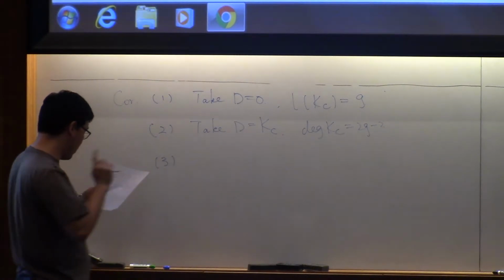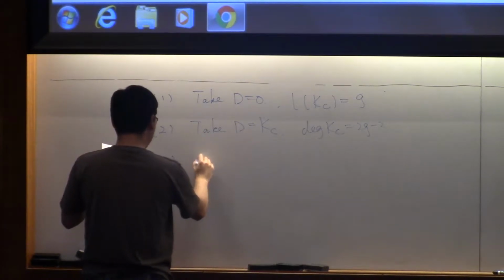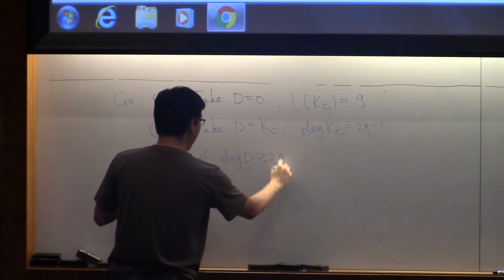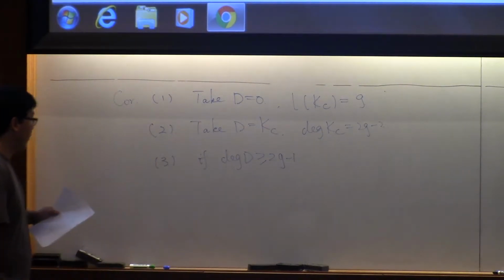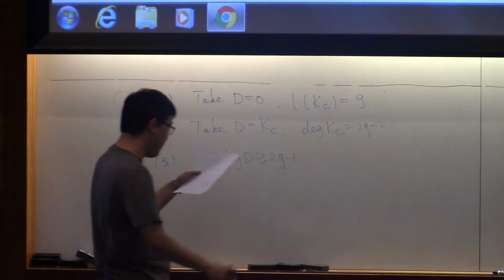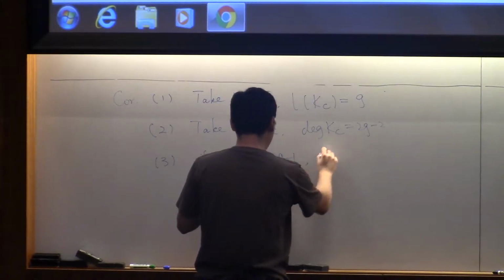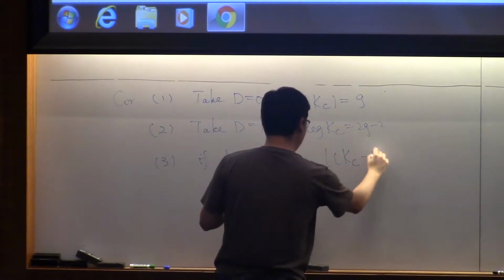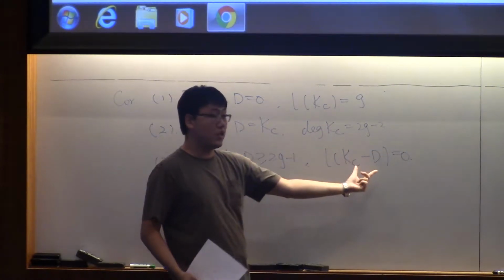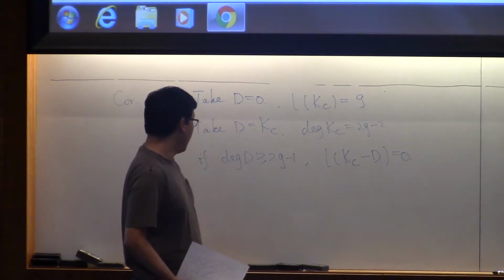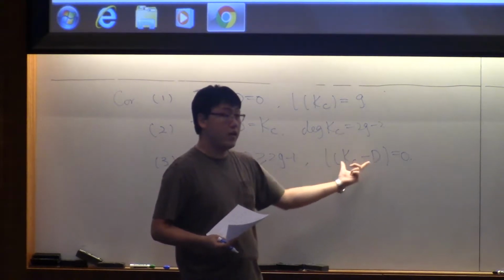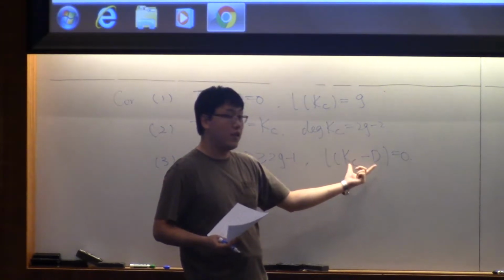And finally, which is the most important thing, if the degree of the divisor is large enough, actually we have a very explicit lower bound. If it is bigger or equal to 2G minus 1, we know that this dimension must be 0 because the degree of this difference of divisors is negative.